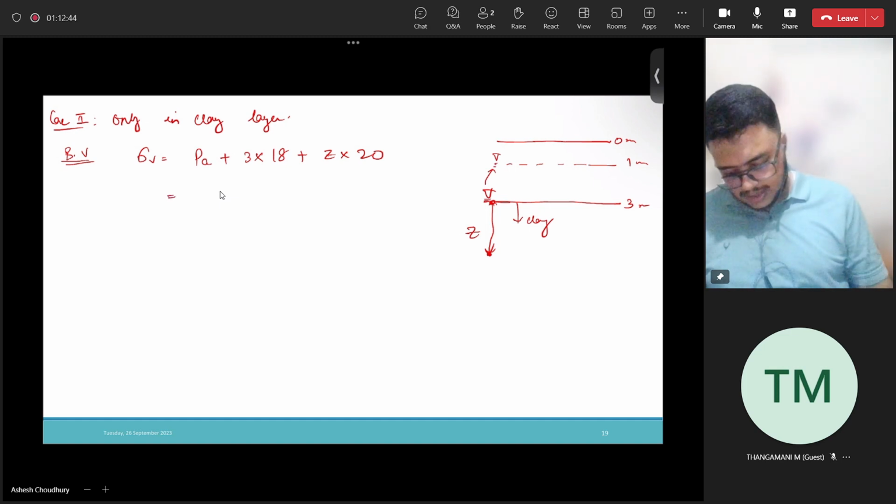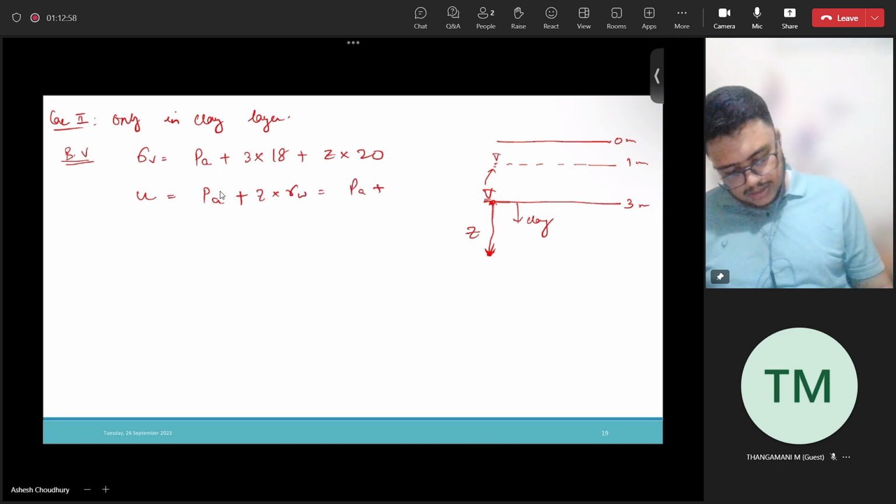Okay, let it be like this only. Now what is the pore pressure? Pore pressure at this point is Pa plus z into gamma W, so Pa plus 10z, right? So what is the effective stress?